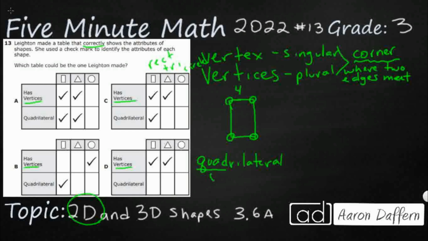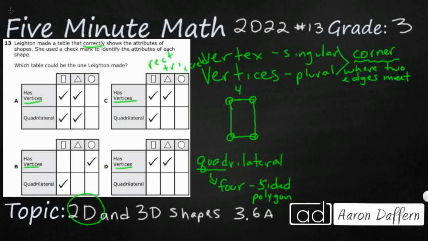Quad is a prefix for the number 4, just like tri is a prefix for the number 3, and bi is a prefix for the number 2. So quad means 4, so it is a 4-sided polygon.